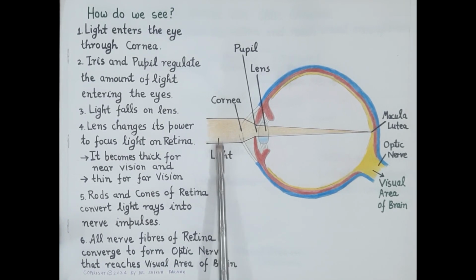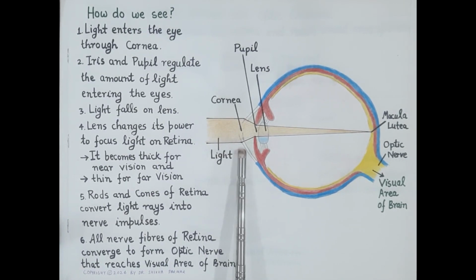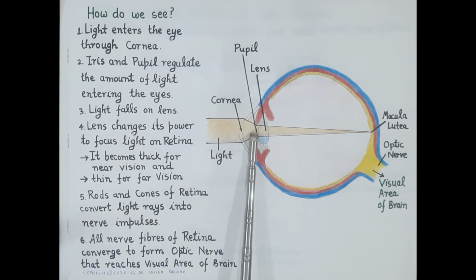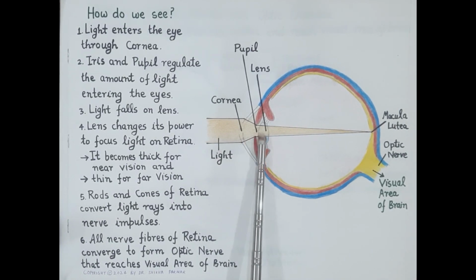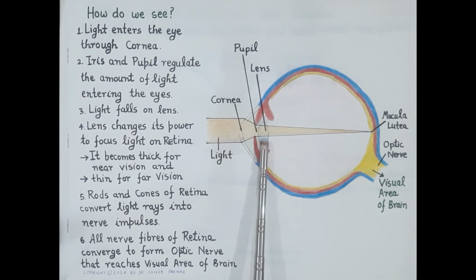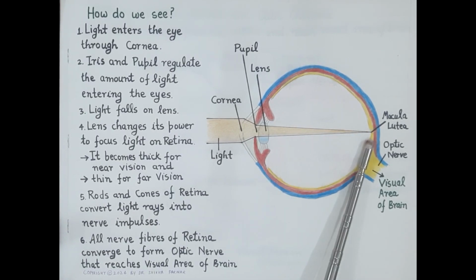First of all, this light falls on the cornea. The pupil and the iris regulate the amount of light that enters the eye. Then the light passes through the pupil and falls on the lens. The lens focuses this light from the object onto the retina.